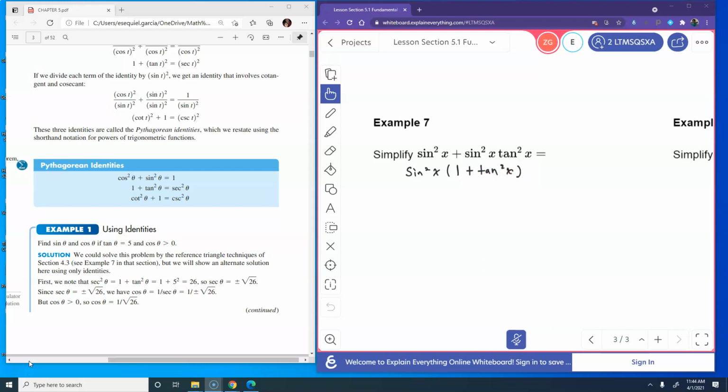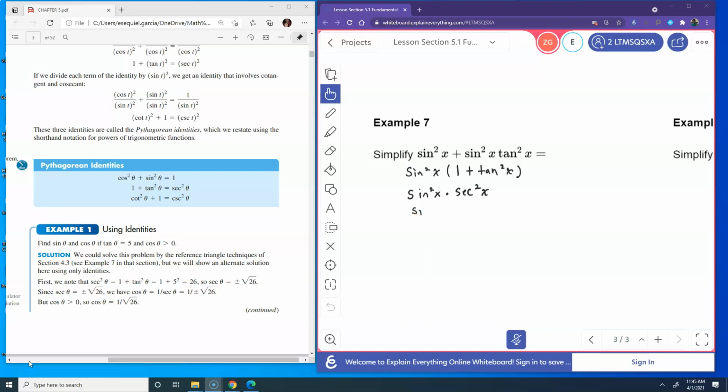And if you look at your Pythagorean identities, the one that says 1 plus tangent squared theta equals secant squared theta, we have sine squared x times secant squared x, because secant squared x equals 1 plus tangent squared x.